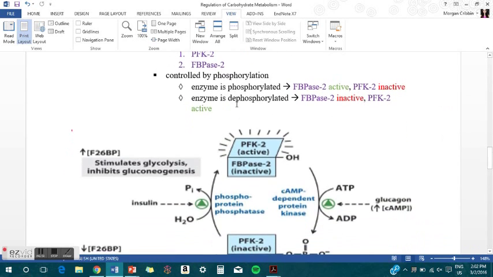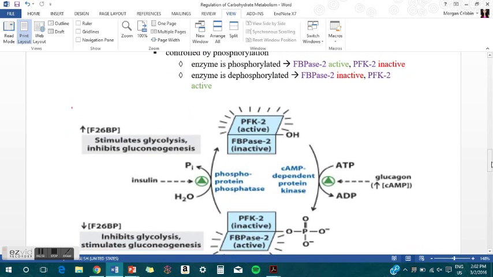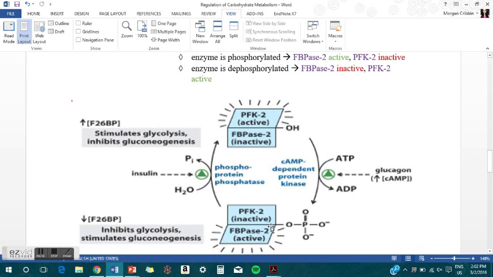Okay, so this is the way it controls phosphorylation, so the enzyme itself, I'm sorry, I misspoke. The enzyme itself is controlled by phosphorylation. So the enzyme itself is going to be phosphorylated by a protein kinase or dephosphorylated by a protein phosphatase. Okay, so when the enzyme is phosphorylated, your FBPase2 is going to be active and your PFK2 is going to be inactive.